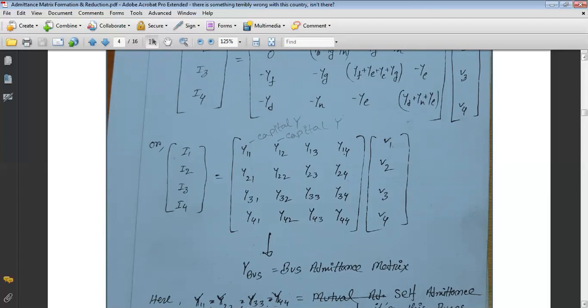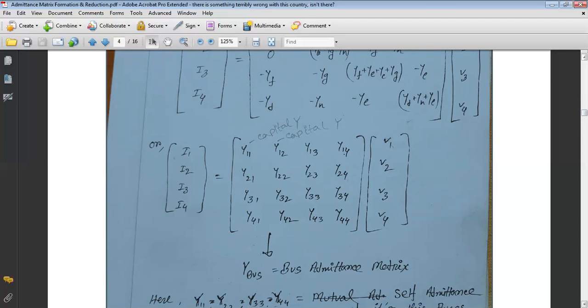Whenever we consider a power system of 2 buses, 3 buses or 4 buses, you may think that without formulating the bus admittance matrix we can easily calculate the current from the nodal equation, or determine the power flow of the different buses.